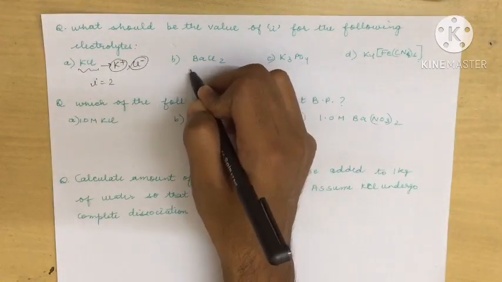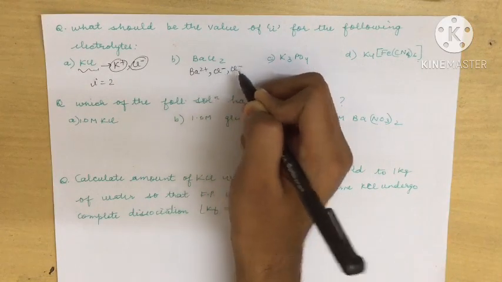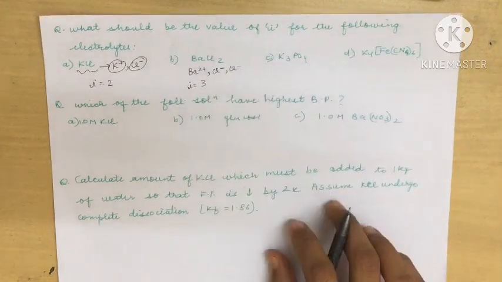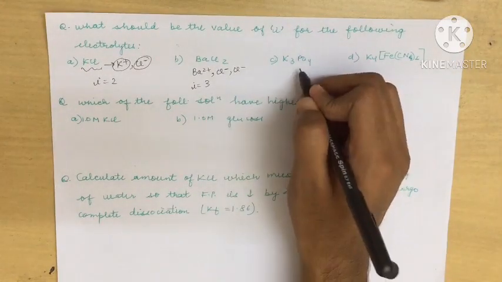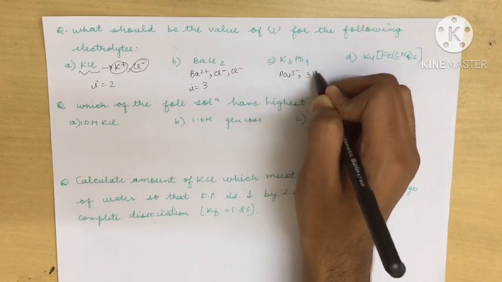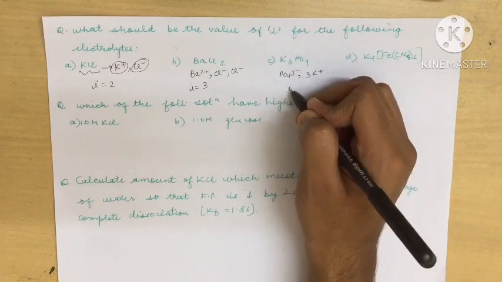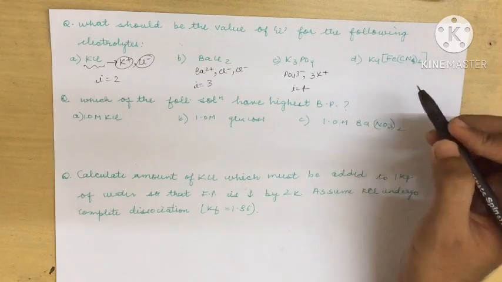Suppose this BaCl2. It will form Ba2+, then 1 Cl-, again 1 Cl-. So there are total 3 ions. That's why i equals 3. Then K3PO4. In that condition, you have one ion as PO4 3-, and then you will be having 3 K+ in total because of this K3. That's why you are having total 4 ions, so i equals 4. And here K4Fe(CN)6.